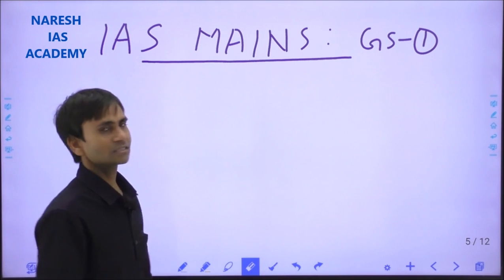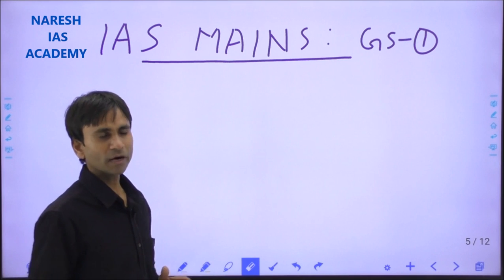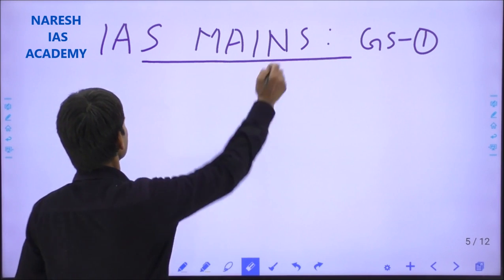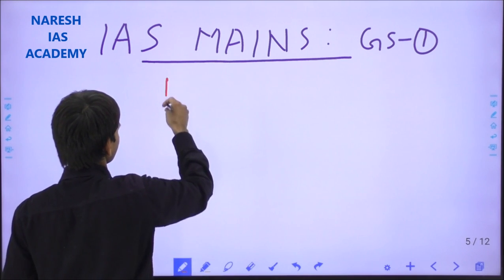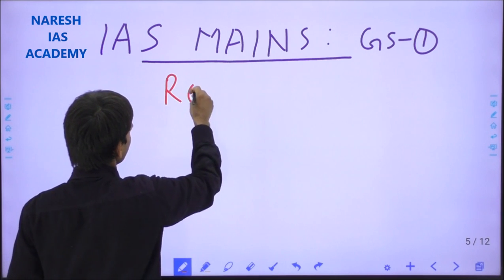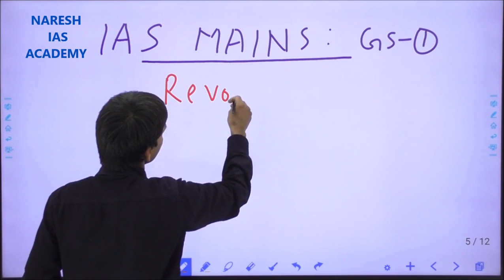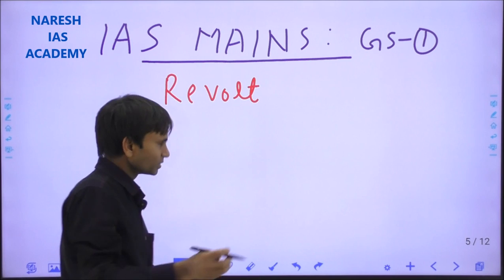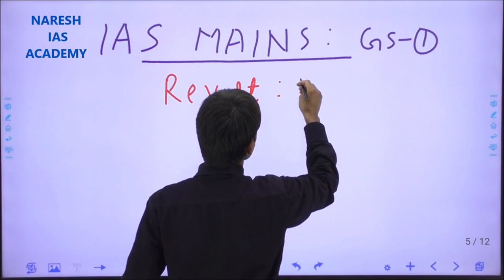So this is our 6th topic according to the syllabus, the revolt of 1857. Again an important topic from the point of view of questions.